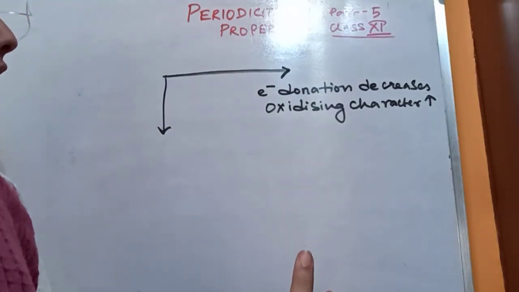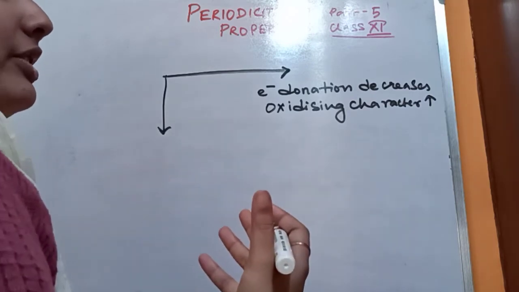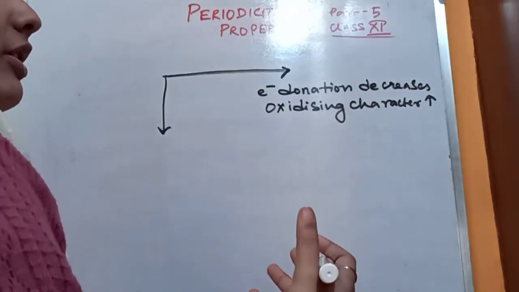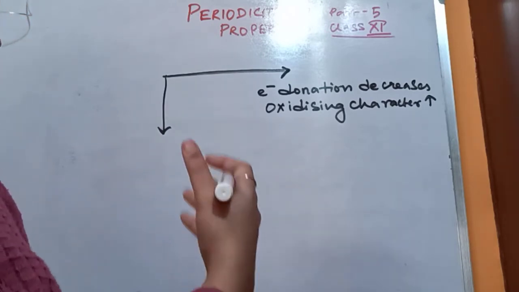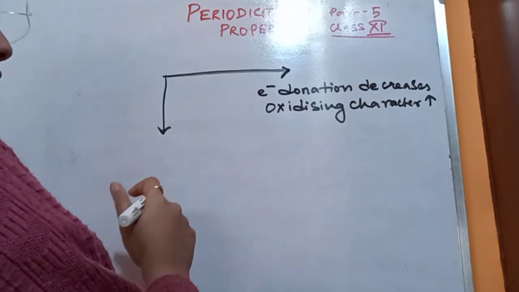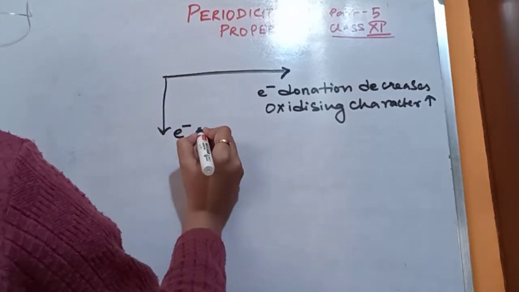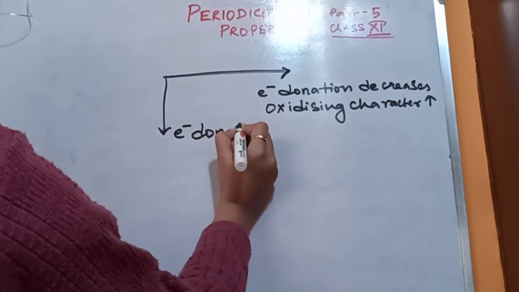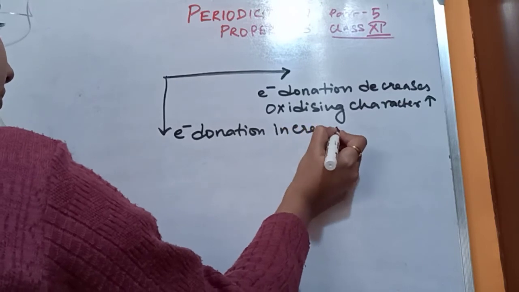And down the group the effect of successive addition of new shells outweighs the effect of the nuclear charge. So down the group the outermost electrons are not as strongly held by the nucleus as for the upper elements. So down the group the giving up of electrons becomes easier. So down the group electron donation increases.